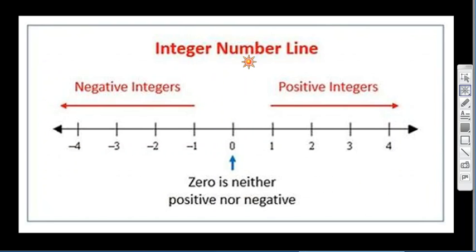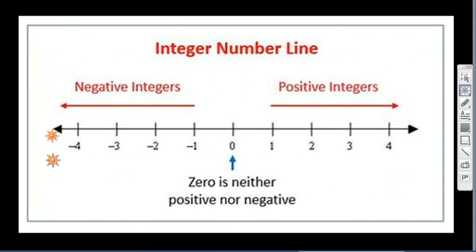For the next one, you've been given an image to look at. That is an image of all of the integers. Remember that integers are positive and negative whole numbers. What I want you to notice here, when we think about integers and our number line, is that this arrow right here means that this number line is going to go on forever and ever in that direction. This arrow right here means that this number line is going to go on forever in that direction.